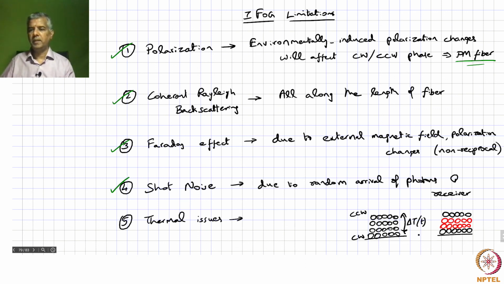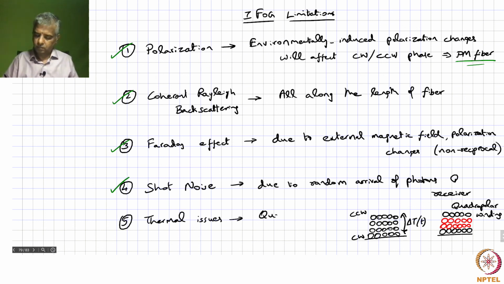So, you can take both ends of the fiber, coil one first, and then coil the other end, and then coil the first one again. That is what you call quadrupolar coiling, quadrupolar winding. So, if you use a quadrupolar winding, you can reduce some of those thermal issues.